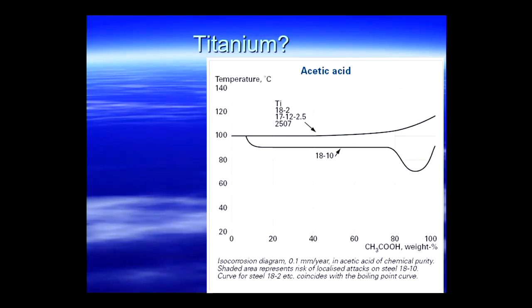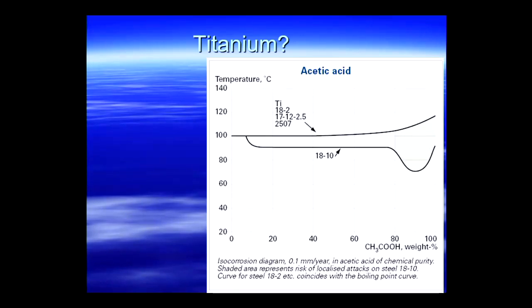Well, one of the other options, the obvious option, is actually titanium. Now, titanium is expensive. Titanium is about 10 times the price of stainless steel. So instead of being $5 a kilogram, it's about $50 a kilogram. So that's rough. But if it's going to save the day, maybe it's worth considering.